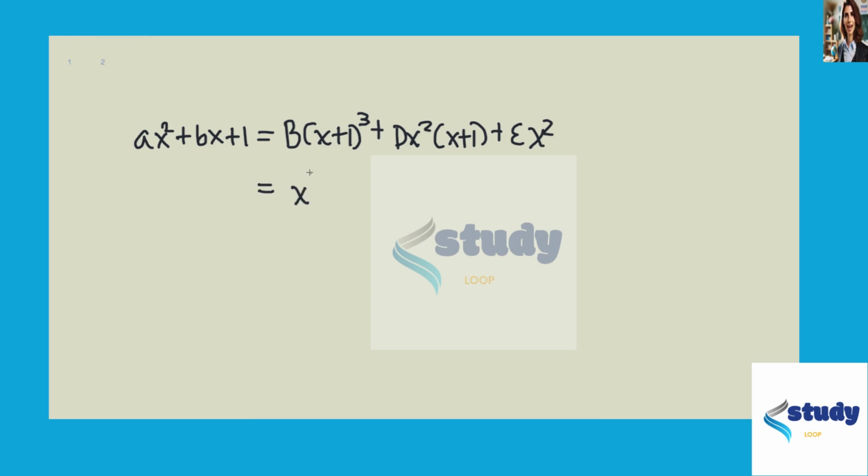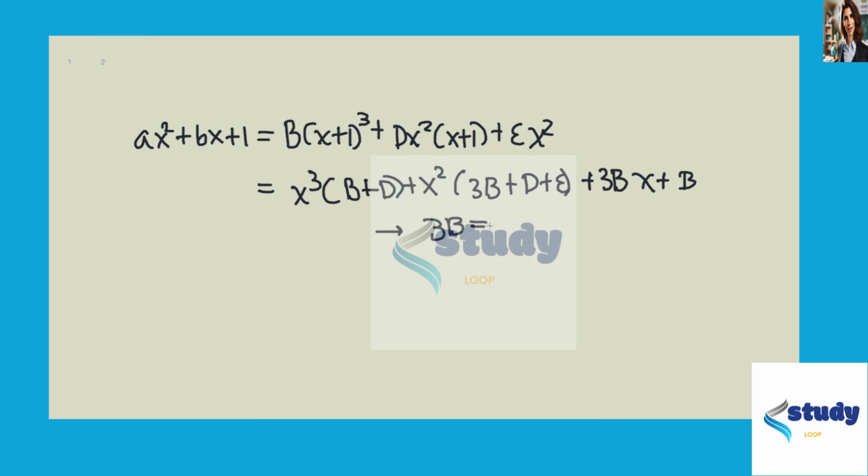So go ahead and expand this out and then combine based on the power of x. So pull out an x cubed, pull out an x squared, and that's what we're doing right now. So that's when you pull out x squared and then 3bx and then b.